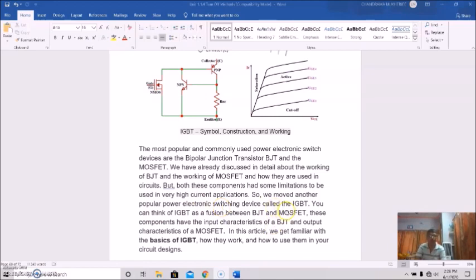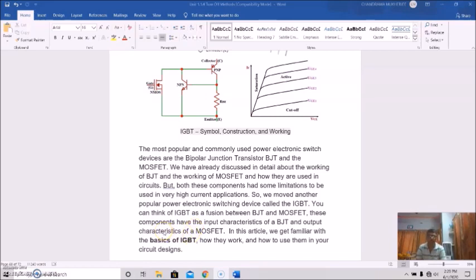So we move to another popular power electronic switching device called the IGBT. Since we are talking about power electronics and drives, and power electronics deals with large power, the BJT and MOSFET we studied earlier are not of much use for high current applications. So we'll learn about the IGBT.